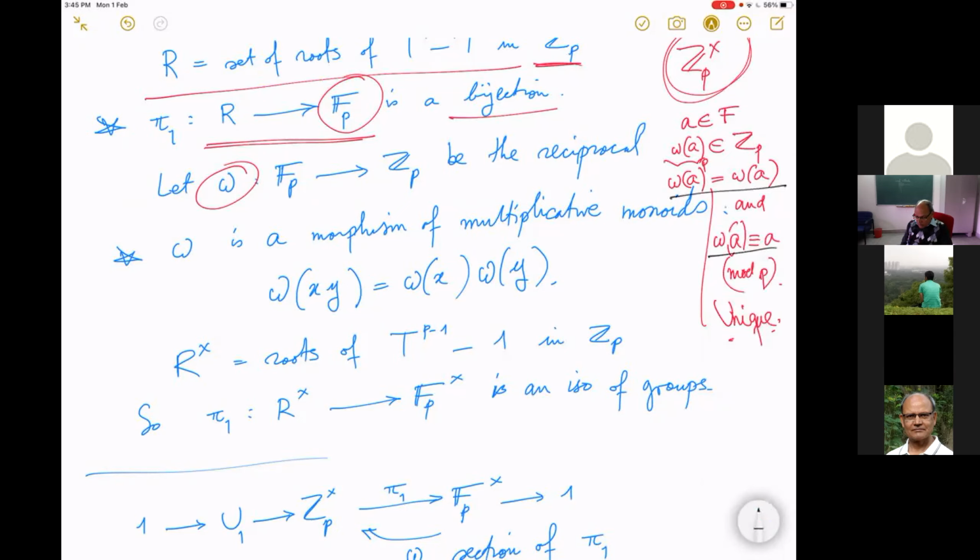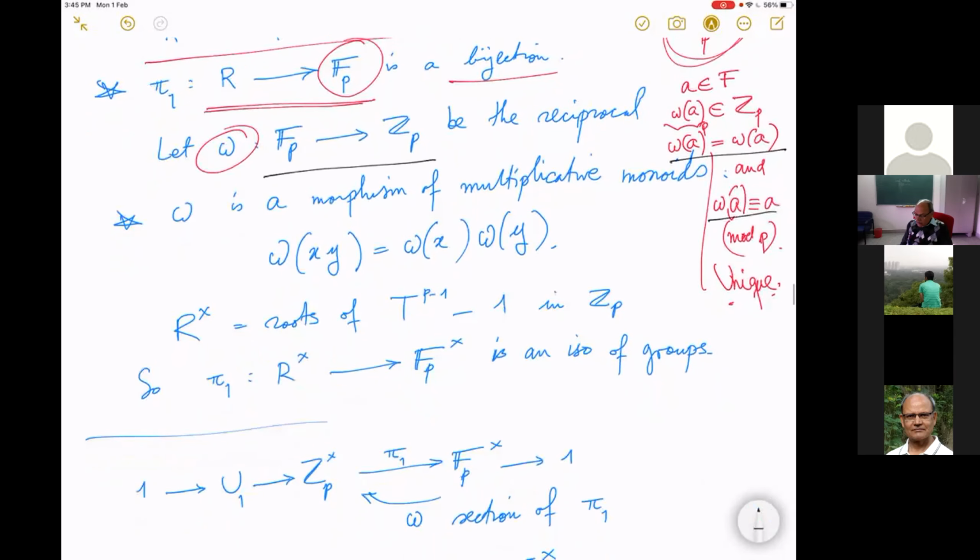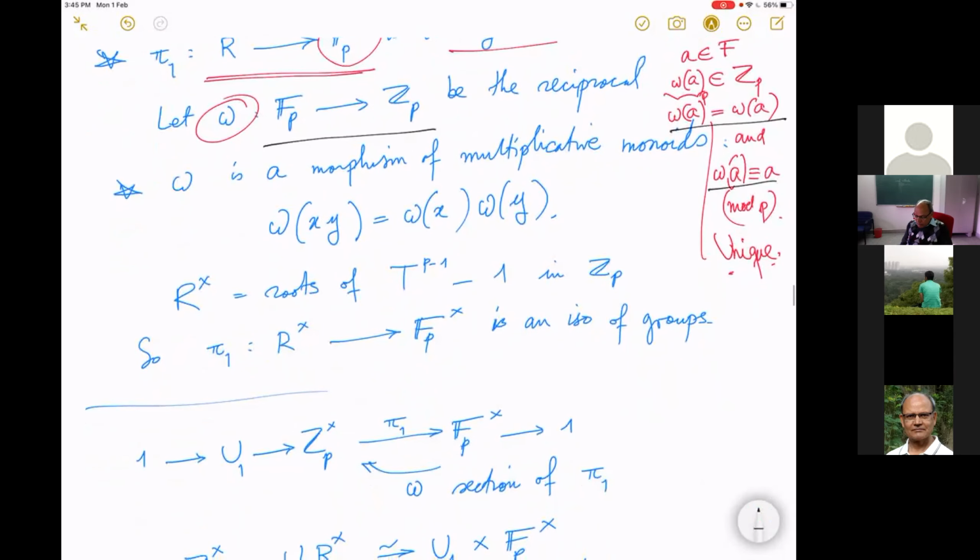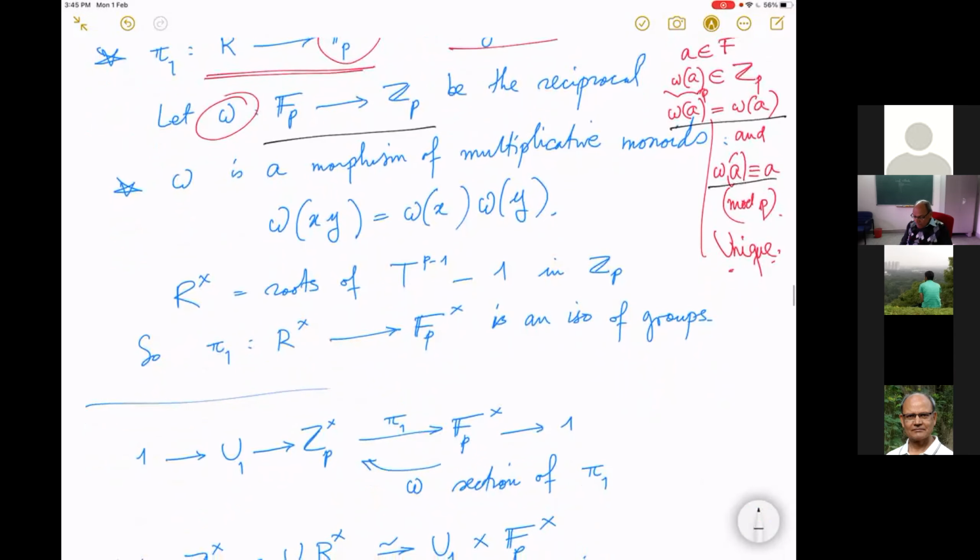Okay, so omega is this reciprocal map, and it's multiplicative in the sense that omega of xy is omega x times omega y.